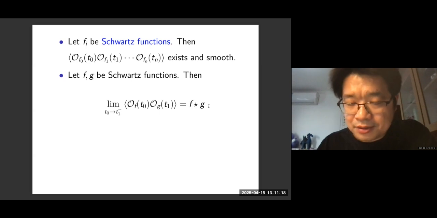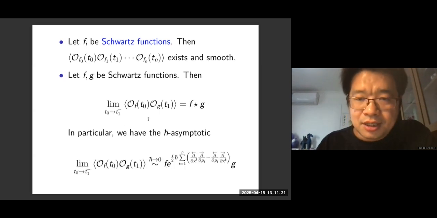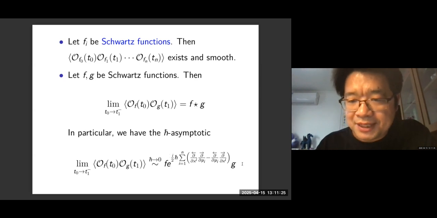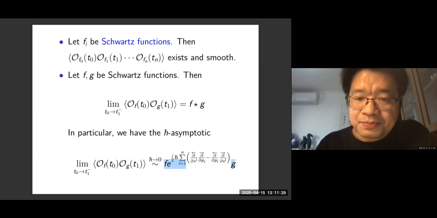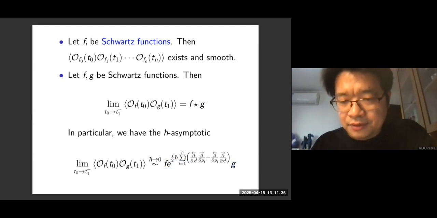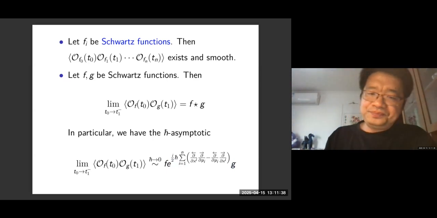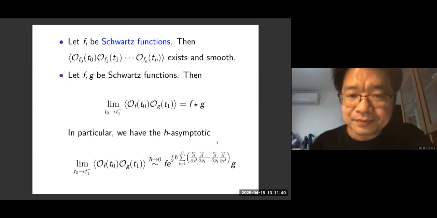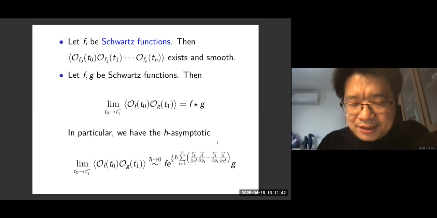In particular, it has a small h bar asymptotic expansion by the standard formula of the Moyal product on the right-hand side. So when h bar is very small, this two-point correlation is asymptotically the Moyal product by this formula. And many things like that happen.